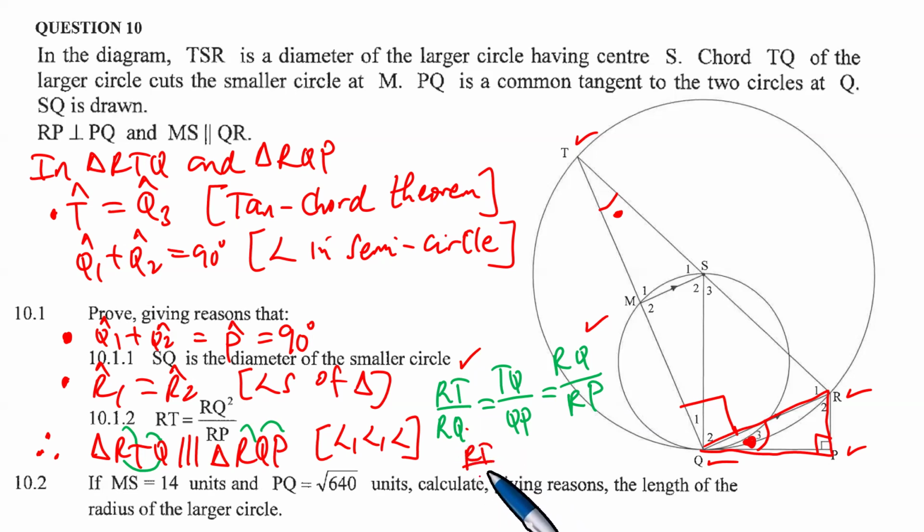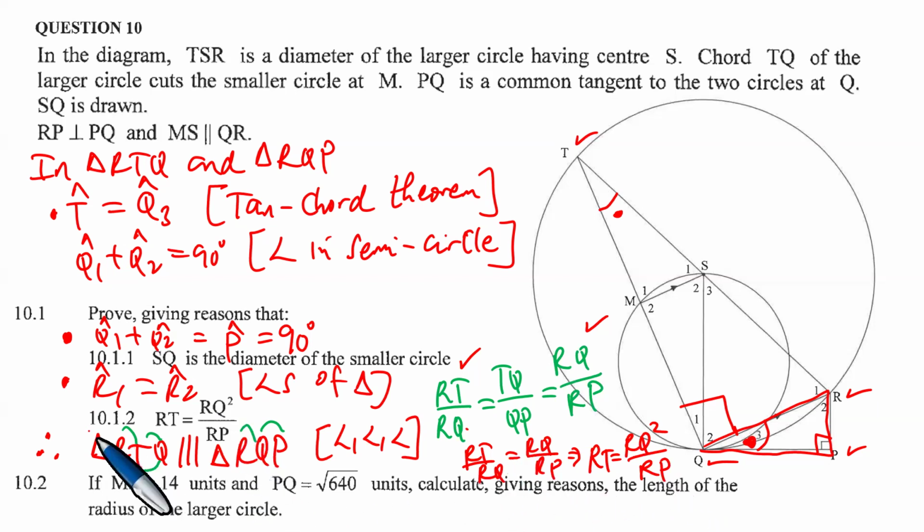RT over RQ is RQ over RP. Cross multiplying, RQ times RQ is RQ squared. So RT is equal to RQ squared over RP.